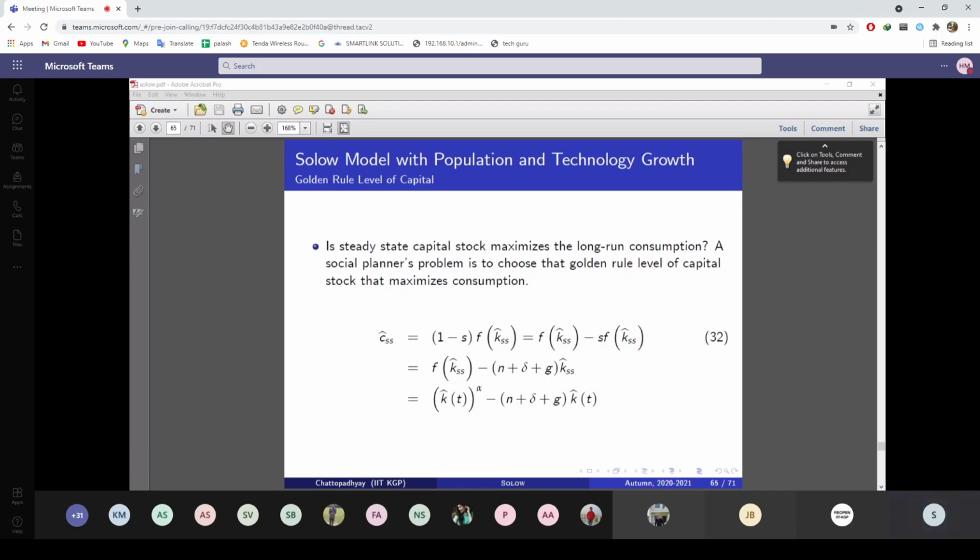Your savings is small s multiplied by Y, so capital S equals small s multiplied by Y. If I say that you save your entire labor income, how does the fundamental equation change?